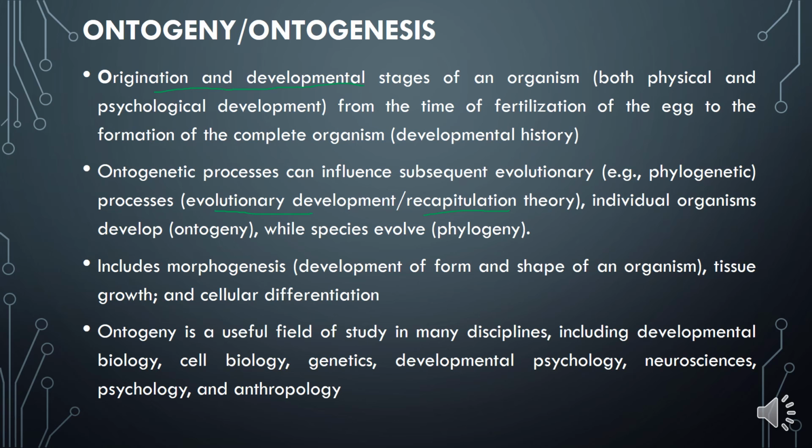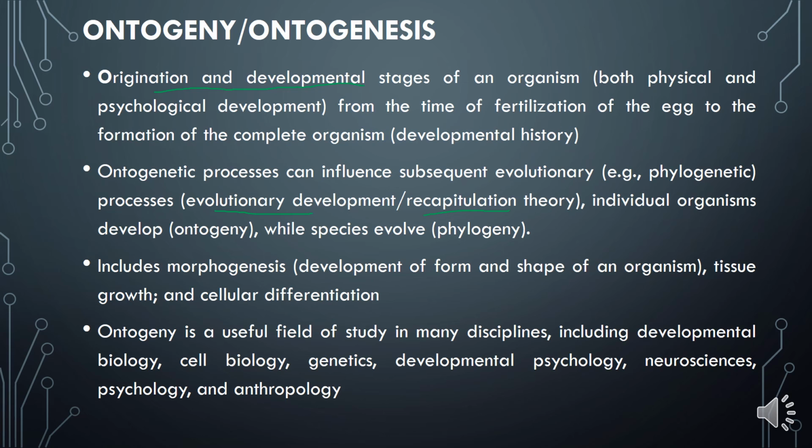So this is a very common example of how, by studying ontogenesis, that is developmental biology, we can easily find out the genetic and evolutionary relatedness. Even distantly related species can be found out with the help of ontogeny.